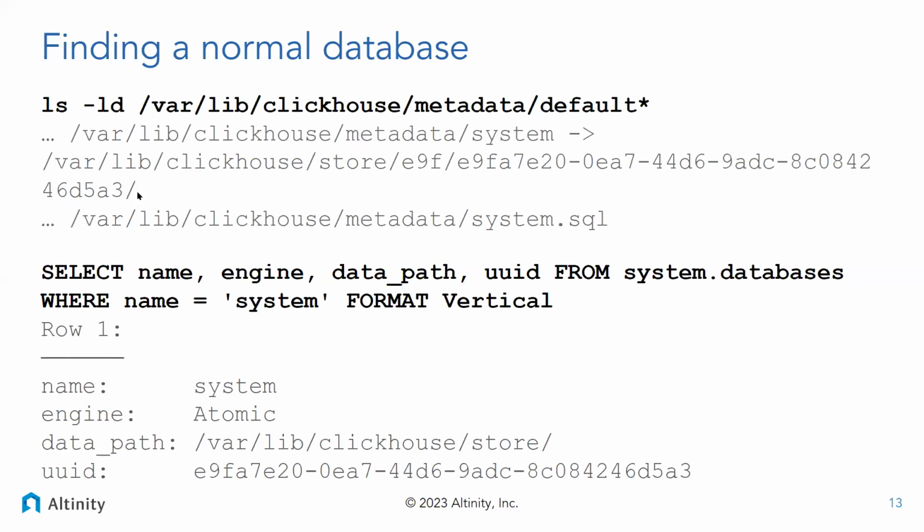This is the way that the atomic database works, because in fact it's being stored in the store directory under the UUID that identifies it. And when we go and run that same select on system.databases, we'll actually see the UUID filled in. So this tells you where to go inside /var/lib/clickhouse/store to find the directory that represents this part of your stored data.